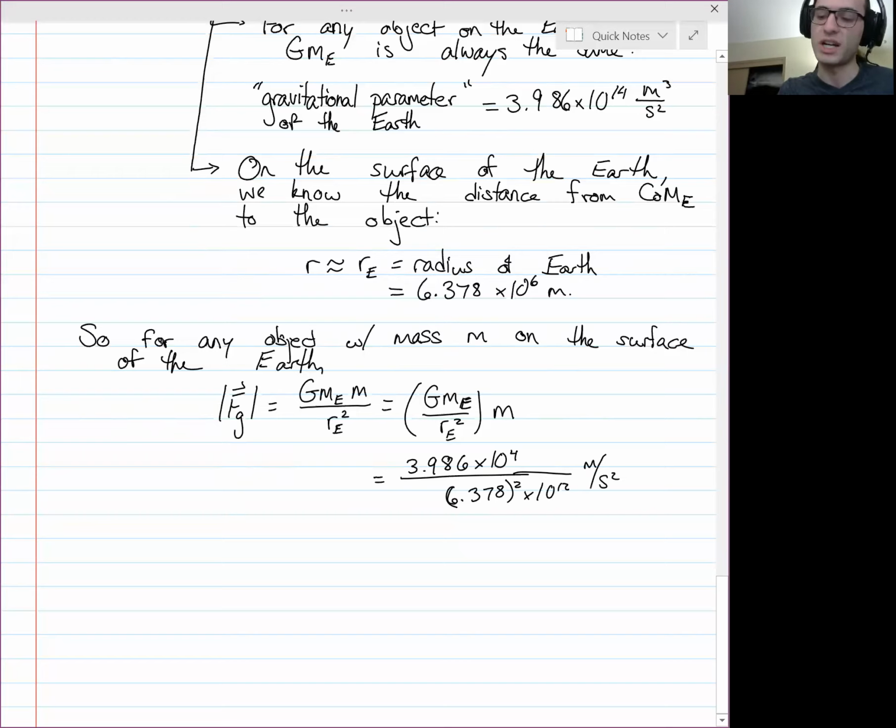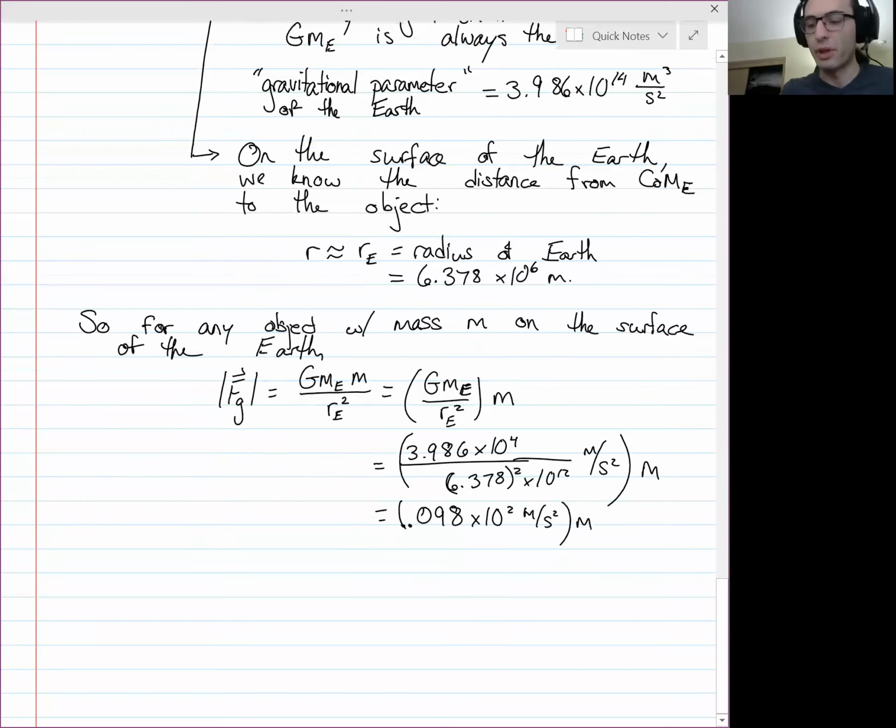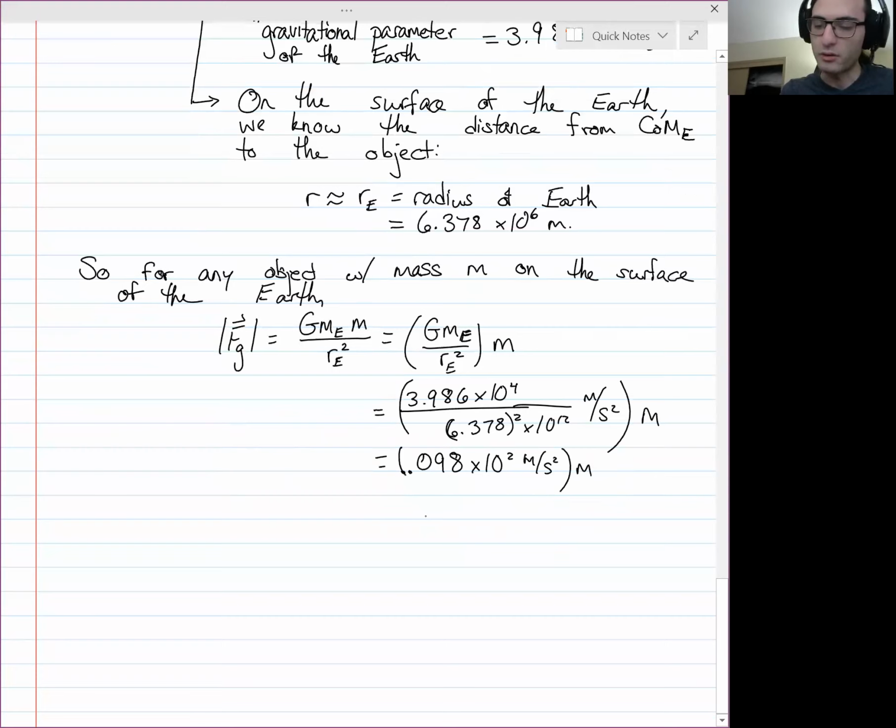You can check that the units check out, times the mass, which works out to be 0.098 times 10 to the 2 meters per second squared times m, which is the ever familiar 9.8 meters per second squared times m, which is approximately 10 meters per second squared, within 2%, times m.